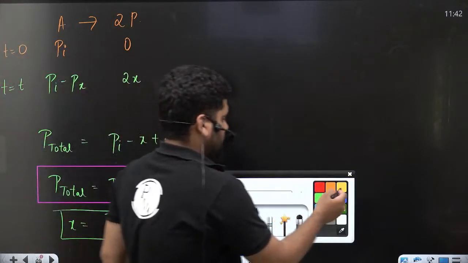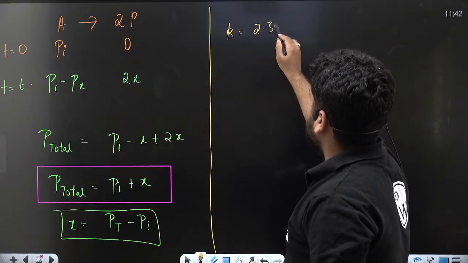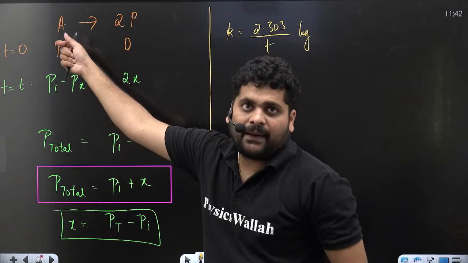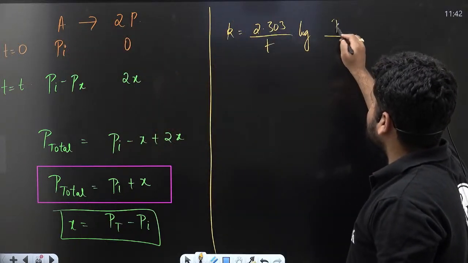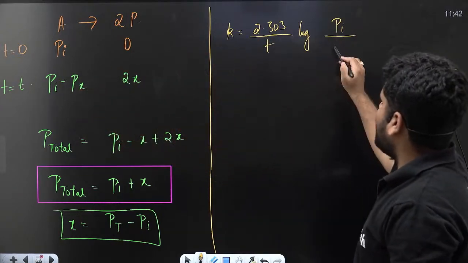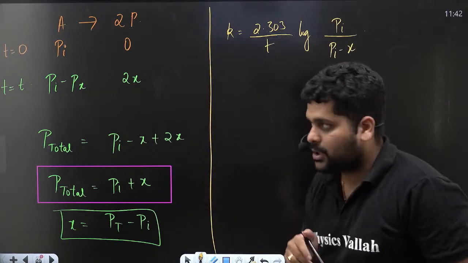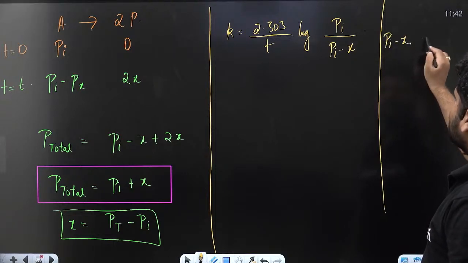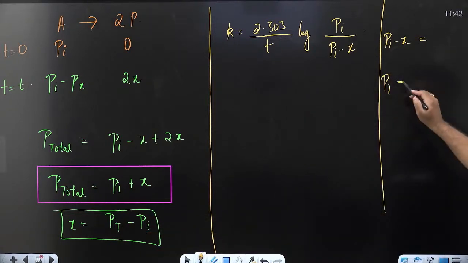Now how would you write it for a first order reaction? K is equal to 2.303 by t log C naught by Ct. We do not have C naught over here. We have P. So we will write it as log initial pressure, which is Pi. And after some time, the pressure is Pi minus x, isn't it? So Pi divided by Pi minus x. Now we have the value of x with us. So we can write the value of Pi minus x like this. Pi minus x is equal to Pi minus, put the value of x, which is Pt minus Pi.